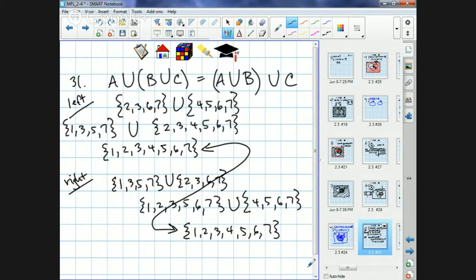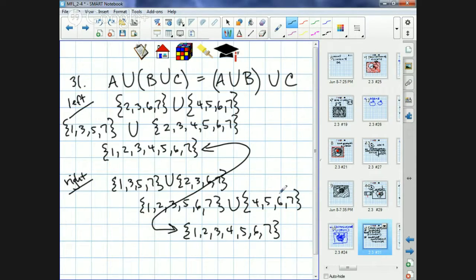31. Let's see. That was A union, and then in parentheses B union C. I ended up with 1, 2, 3, 4, 5, 6, and 7. So did I. And then 31B.